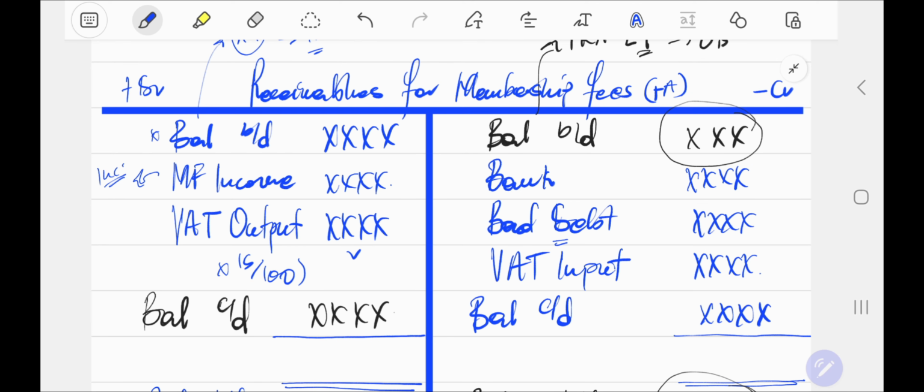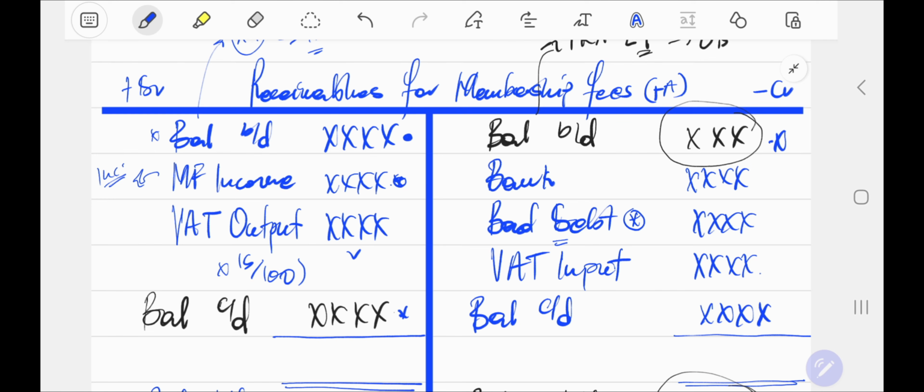So it's going to look like this, the account. This amount, you get it from the statement of income, right? It's the equivalent of the statement of profit or loss, but here it's called the statement of what? The statement of income, right? This amount, even this one, you get it from the statement of income. This one, you get it from the statement of financial position.